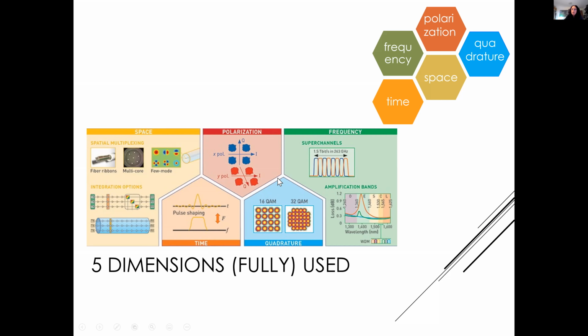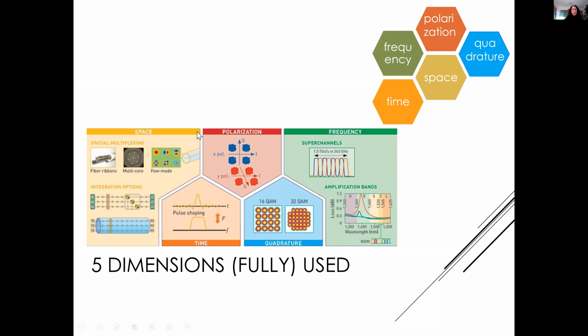You can use quadrature, I mean amplitude and phase of the photon, to transmit more data in a symbol. And finally, you can use space. So you can use spatial multiplexing, that means you use a fiber with more cores or a fiber with different modes.